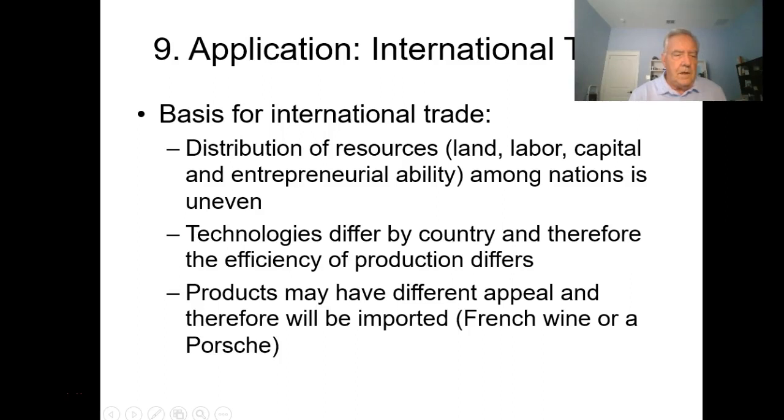Now, the basis for international trade is basically three things. First of all, resources are not the same among all the nations. It's not only not the same, it's not evenly matched. In the United States, we're fortunate. We are very well blessed with land, labor, capital, and entrepreneurial ability, and a very large size.